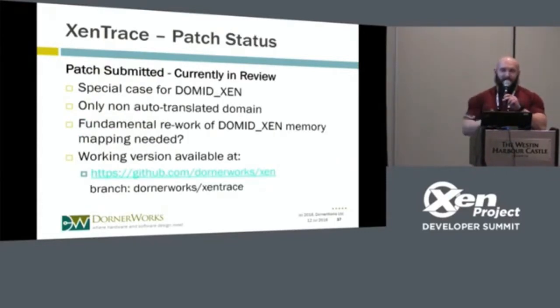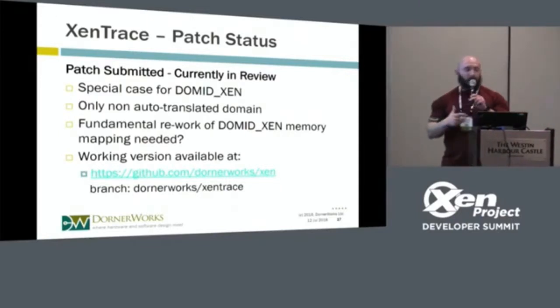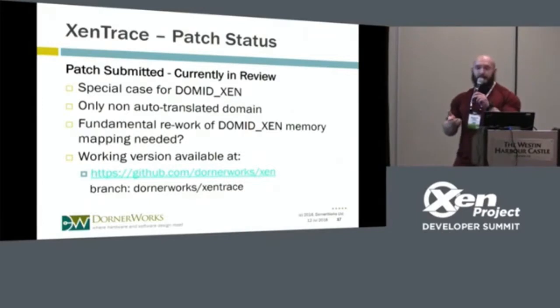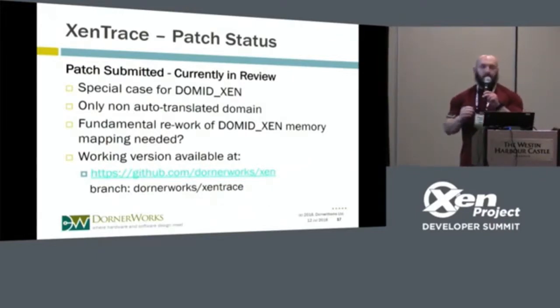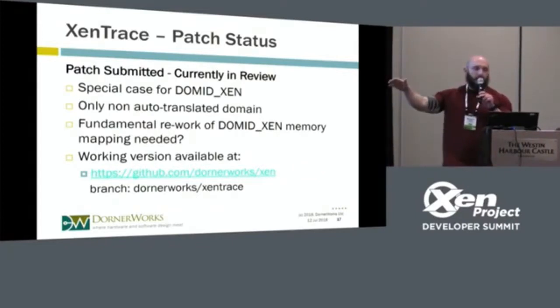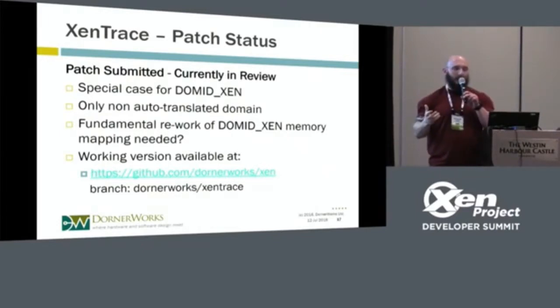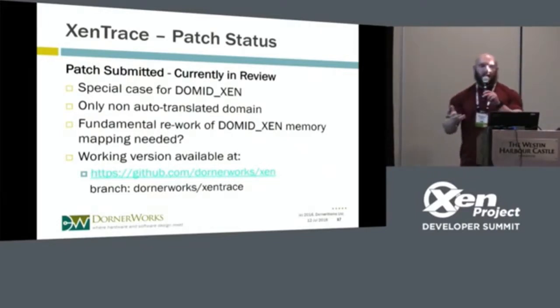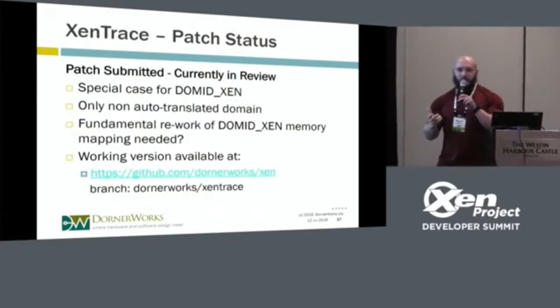It works. We've submitted it to the mailing list for upstreaming, but right now it's in review, and the developers are discussing whether this is really the way we want to fix this. What we've done is create a special case for DOM-ID Xen, separate from all of the memory mapping cases on the ARM platform. DOM-ID Xen is not auto-translated like every other domain now is. So it works, but do we really want to do this?